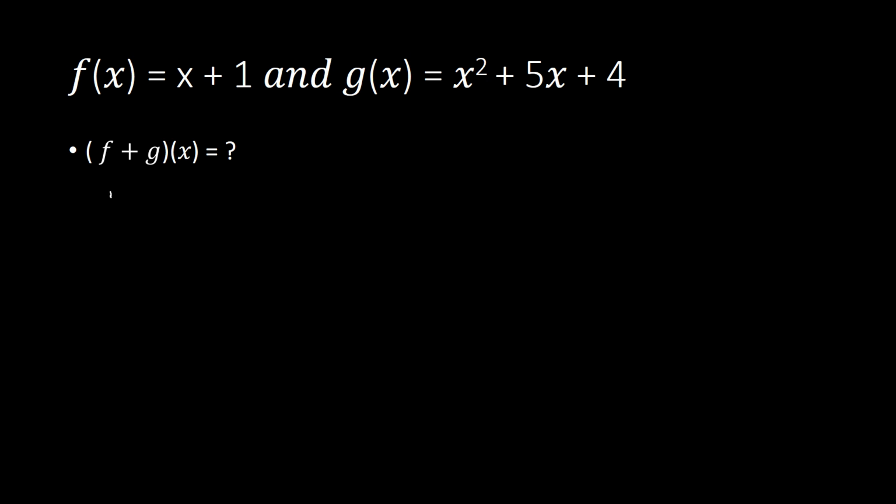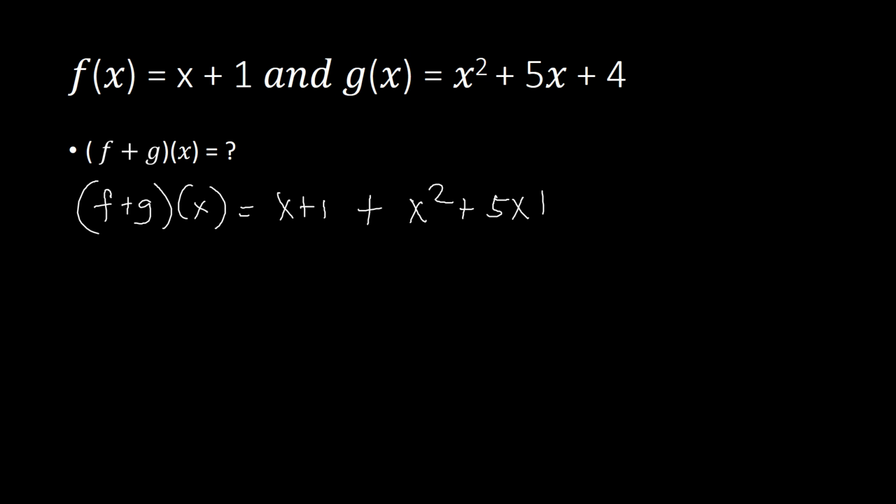So we start with adding. So we've got x plus 1 plus x squared plus 5x plus 4. And again, this can be interchanged because it's adding. Now next, we write this in order starting off with x squared. Next is x. Next is another x.